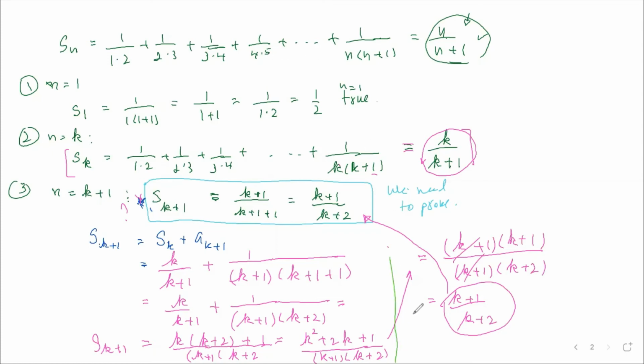This one equals S sub k plus 1, so this is a proof. After our hypothesis from the first step, the second step is correct. Then the third one: we prove that if our hypothesis says true, then it's true. So this is the way we prove by mathematical induction.